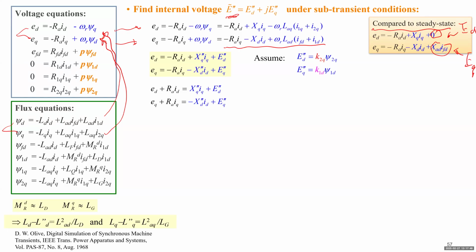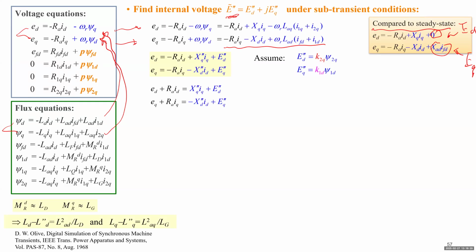First of all, ED double prime has to be induced by a sub-transient dynamic state variable. And there are two sub-transient dynamic state variables: one is psi 1d, the other is psi 2q. Is that clear? Psi 1d is the faster one in the D axis compared to the field flux linkage, and psi 2q is the faster one in the Q axis compared to the first damper. So those two are linked to the sub-transient dynamics. Which one should I pick?